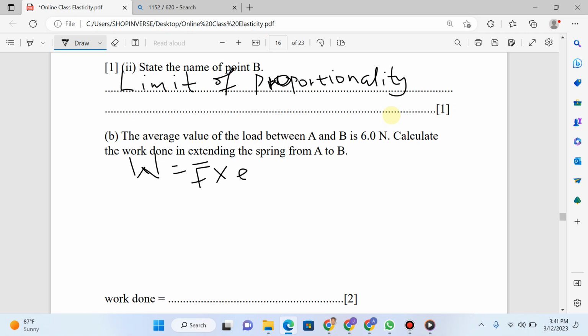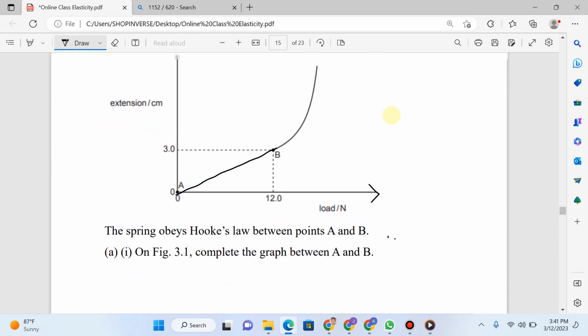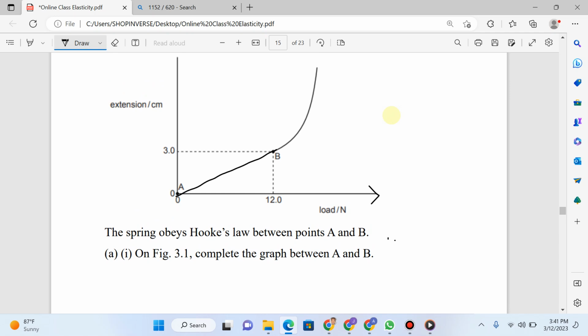Note that your average force is 6 Newton, and the extension is 3 centimeters. So that's what we have from the graph. The extension is 3 centimeters and the maximum force is 12 Newton.